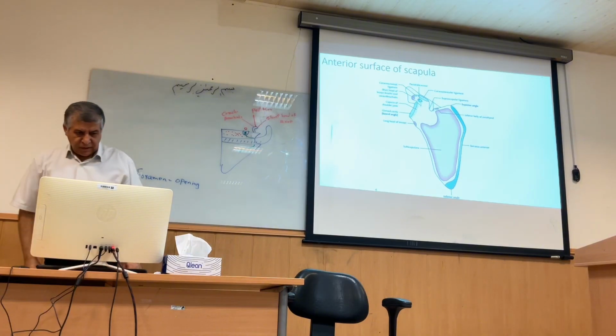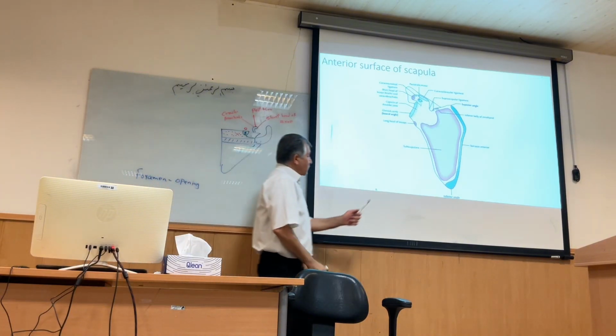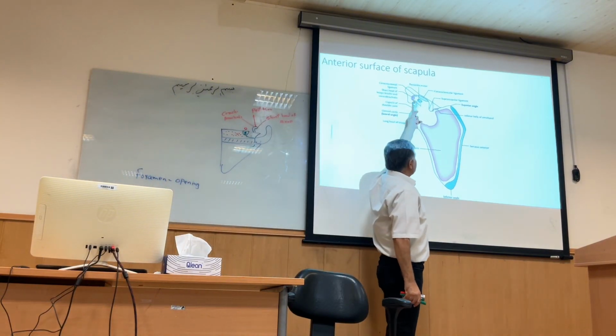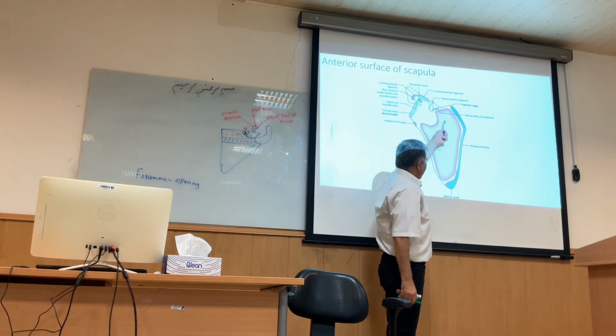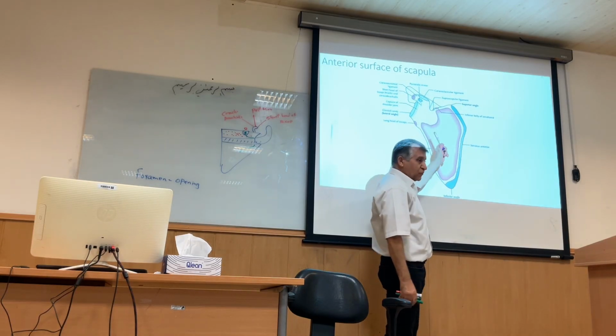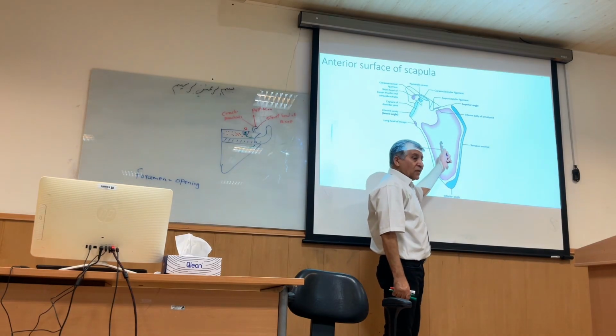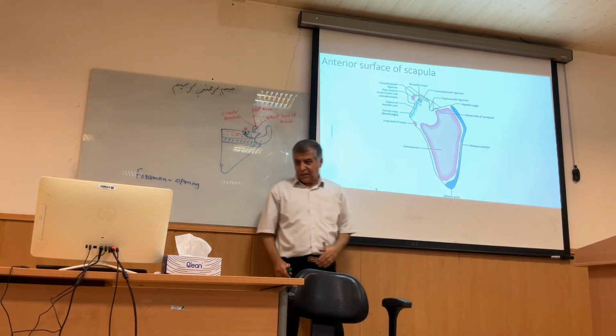In this figure, you can see the attachment of the coracoid process, three muscles and one tendon. This area is the subscapular fossa because it is where the subscapularis muscle arises. Okay.